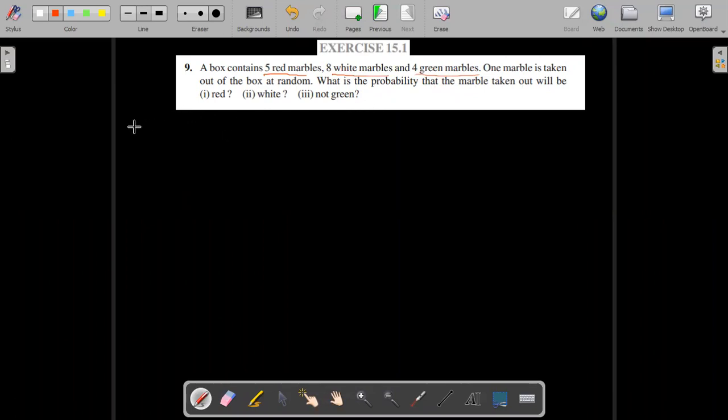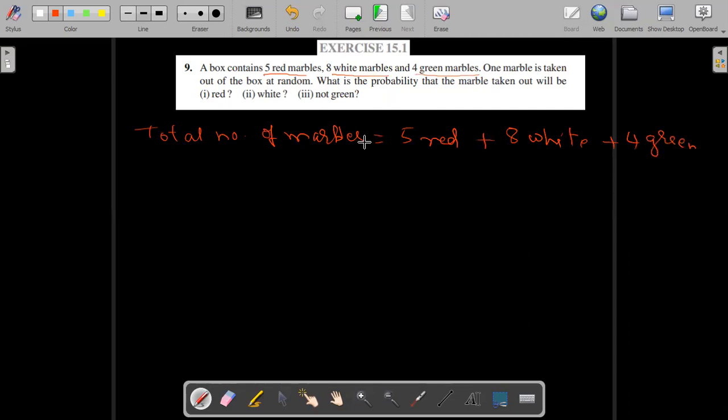The total number of marbles in the box is equal to 5 red plus 8 white and 4 green. So 8 plus 5 is 13, plus 4 is 17. Total is 17 marbles.